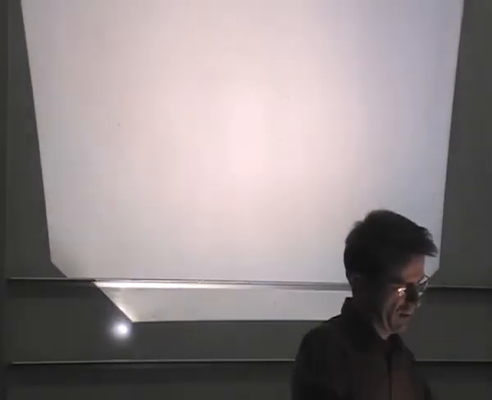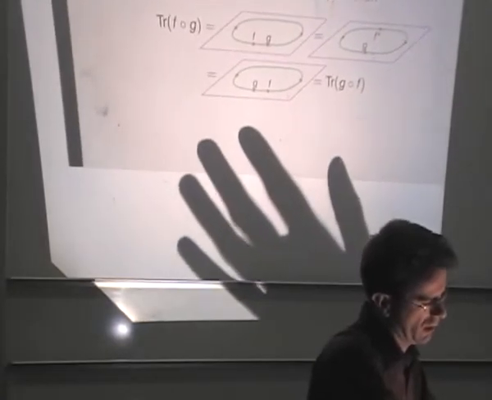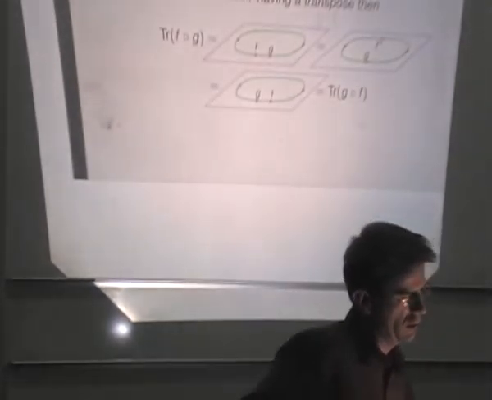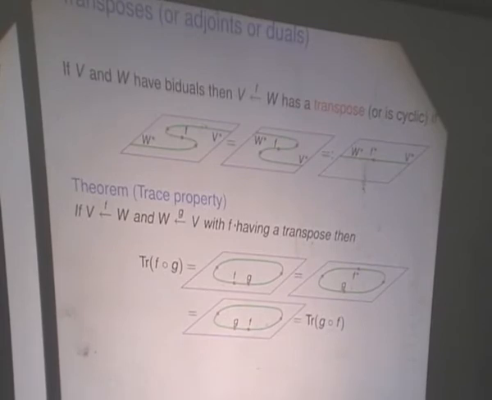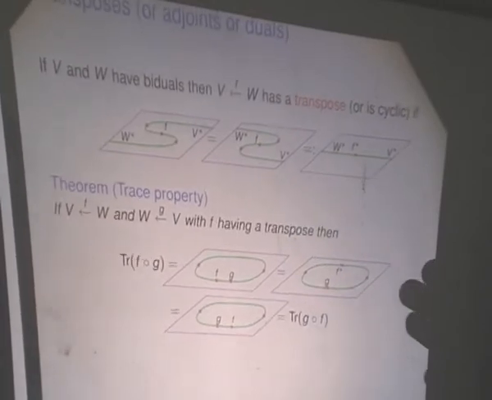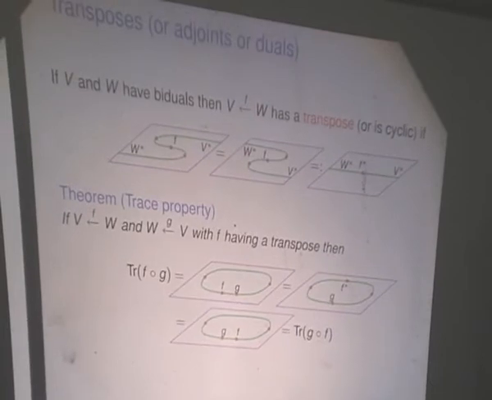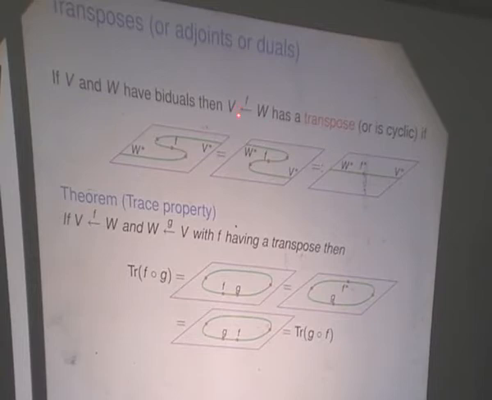And so, as we saw in Catherine's talk, we have this sort of cyclicity condition. Normally, if we have a map between vector spaces, then we get the associated map going the other way between the duals. Now, that doesn't always happen in a nice way in an arbitrary monoidal category, so we want to impose this condition. So, if we've got a map F from W to V, and V and W have biduals W star and V star, then we get a map from V star to W star in one of two ways.